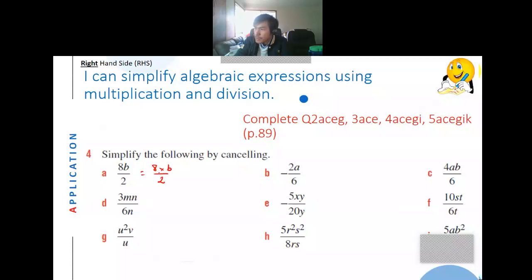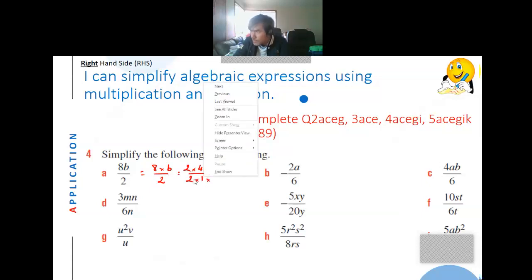Now think about this. What number can go into 8 and 2? Well, 2 can go into both 8 and 2. Okay, so now 8 is 2 times 4 times b, and 2 is 2 times 1. Oh, there's nothing else there.